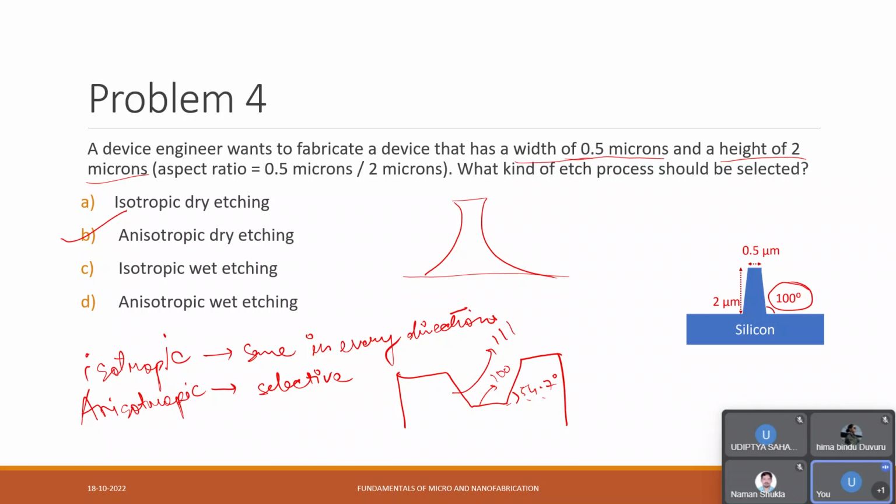So as such, it is a rectangular structure, and the best method would be anisotropic dry etching. Plus we have other controls too, like using different gases, so such anisotropy and such a profile can be achieved.